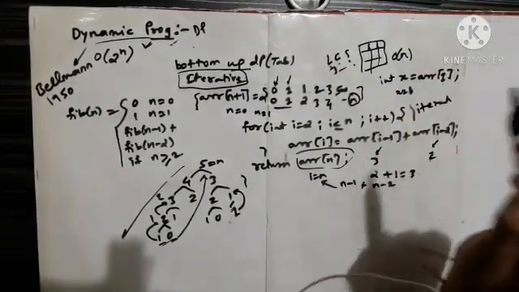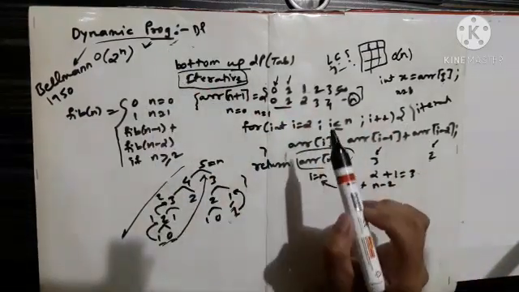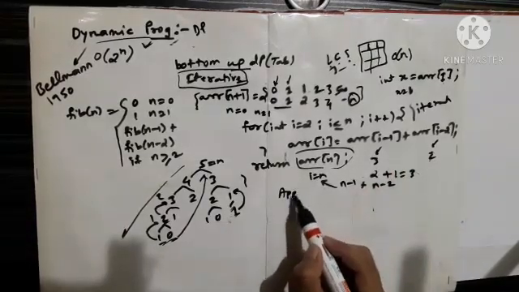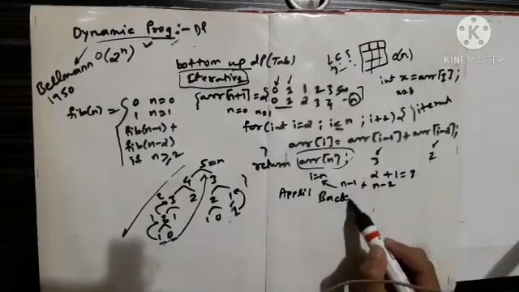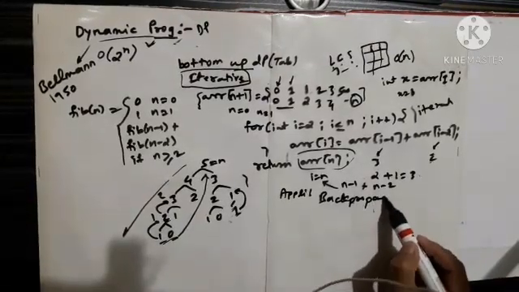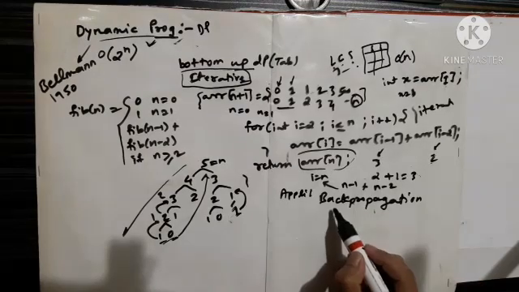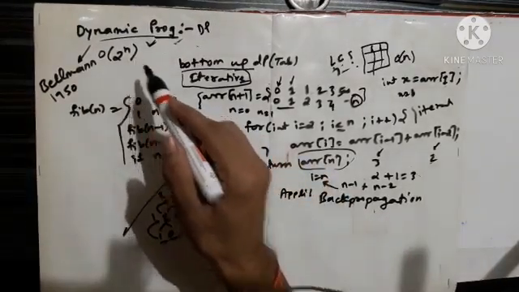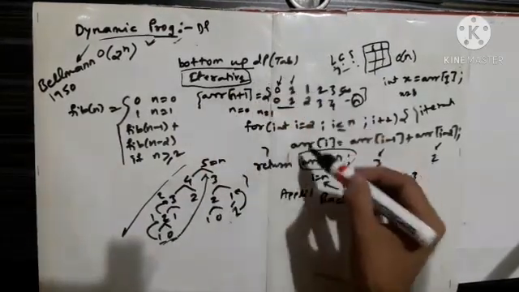Now let me tell you one more thing, what is the application of dynamic programming. See, the application of dynamic programming can be seen in back propagation. What is back propagation? This is an algorithm, a kind of bottom up DP algorithm.